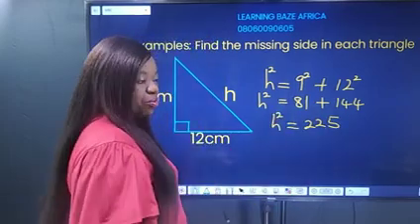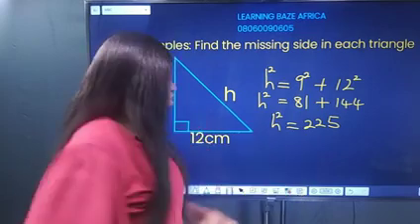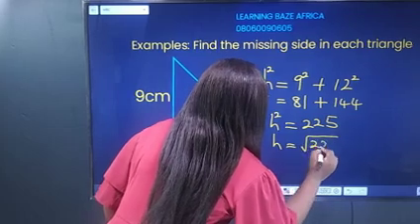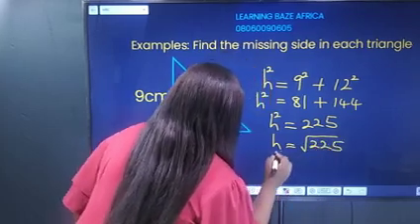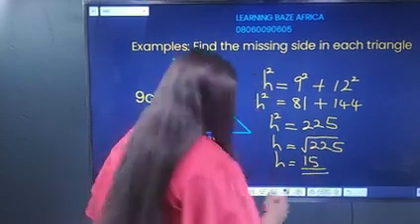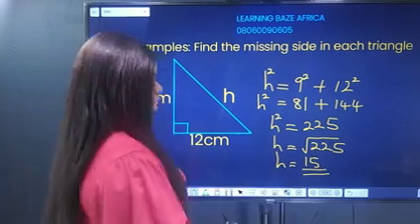It becomes square root, because square is the opposite of square root. So H is equal to the square root of 225, and the square root of 225 is 15. That is 15 times 15.